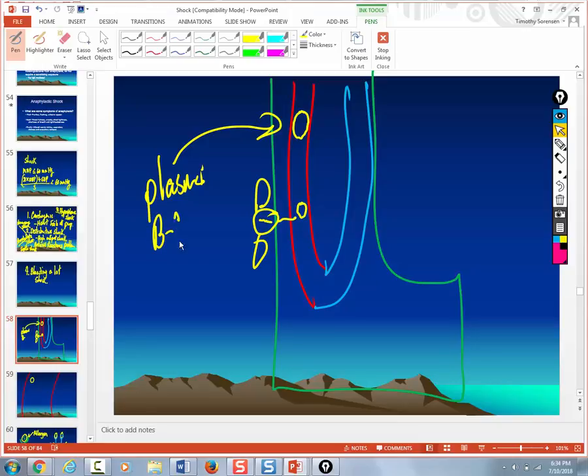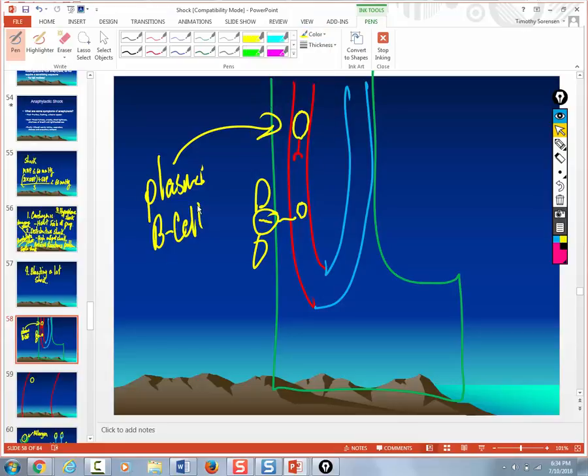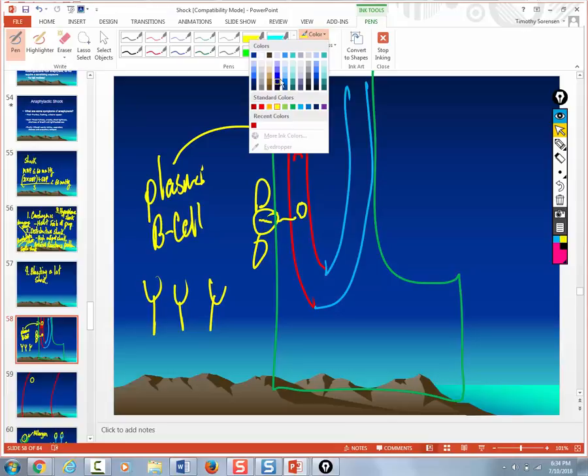Plasma, B cells. And when they come in contact with that bee venom again, what are they going to produce? I'm waiting. They're going to produce a gazillion antibodies.